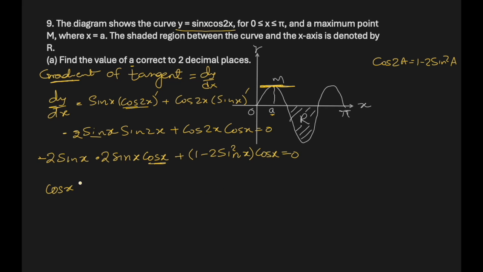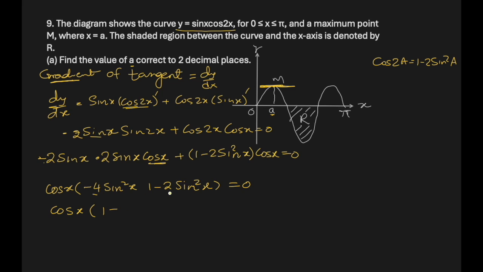Cos x is out, so we are left with 1 minus 2 sin square x, and minus 4 sin square x.